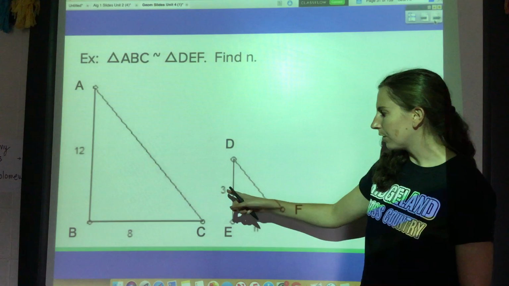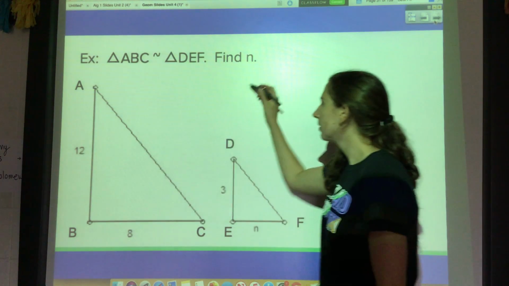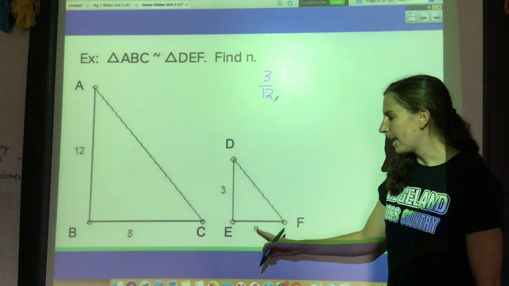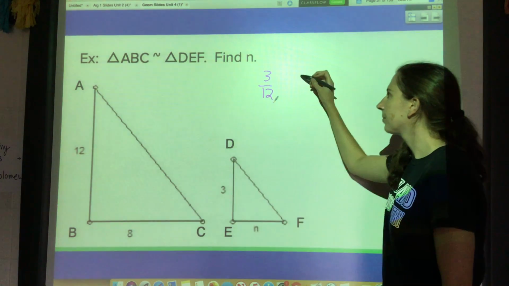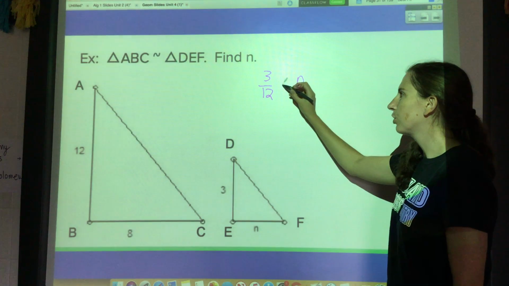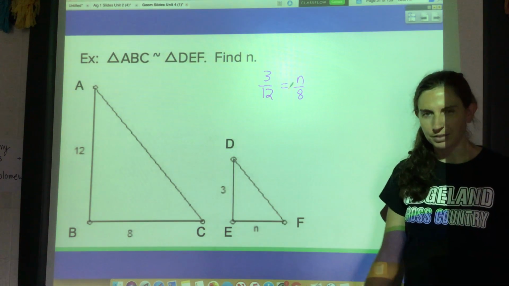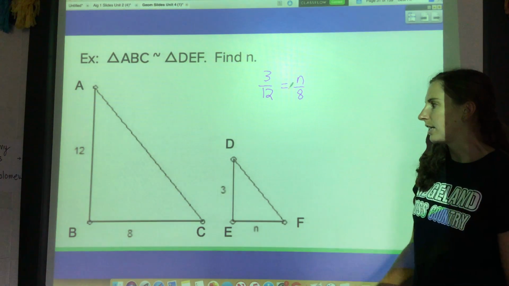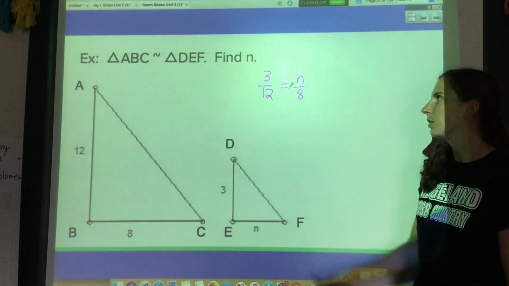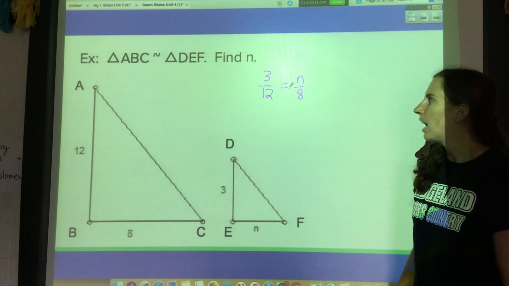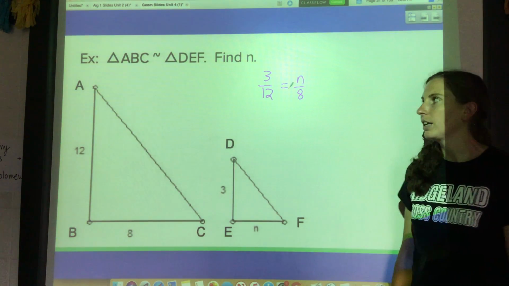Whatever the ratio of 3 to 12 is, that should be the same ratio as n to 8. Those should equal each other. You could probably figure it out. It's not that crazy to say, oh look, multiply by 4, so what multiplies by 4 to give you 8? If you want to do it that way, that's fine, but I can set up these ratios like this.